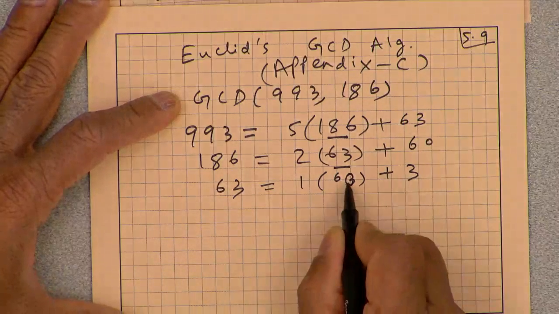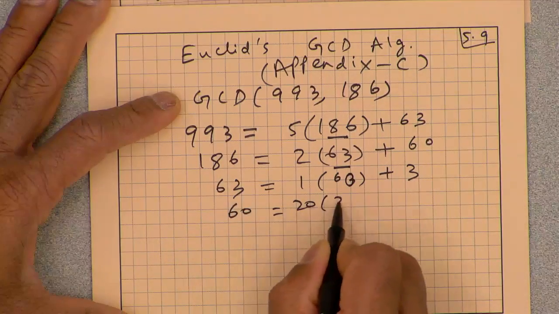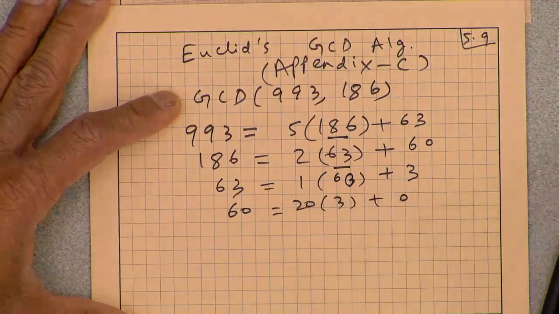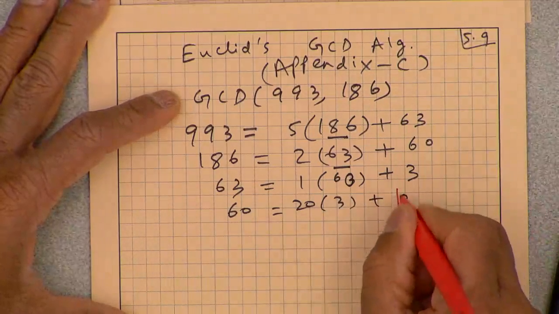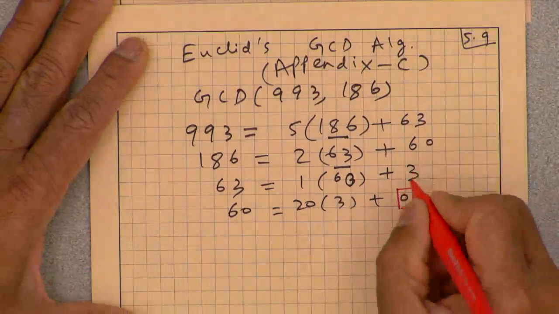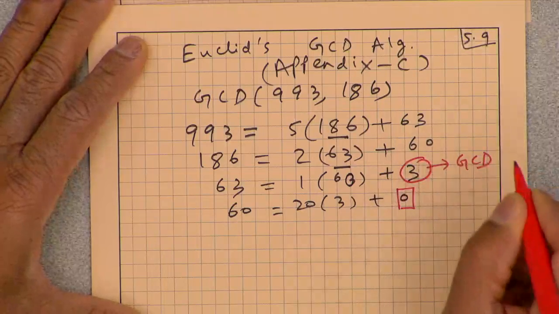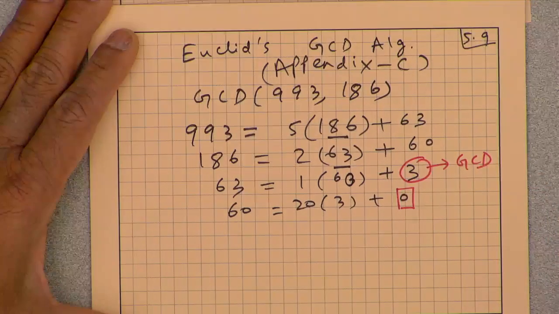Then take 60 and divide by 3. So 60 is equal to 20 times 3 plus 0. And once you reach a 0 remainder, the algorithm halts, there is nothing more we can do, and this is the GCD. So the final non-zero remainder is the GCD.